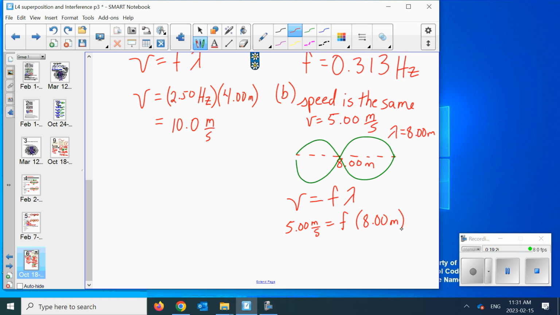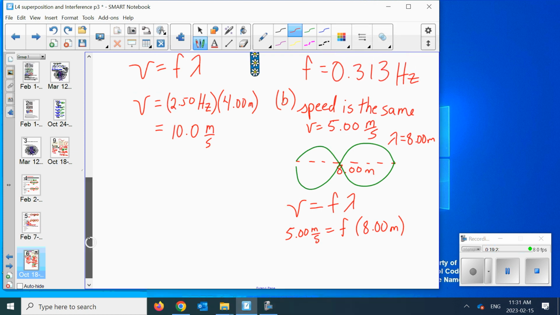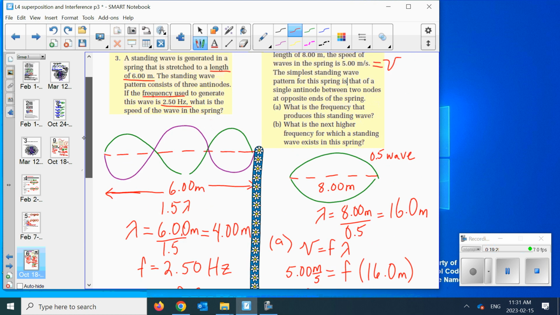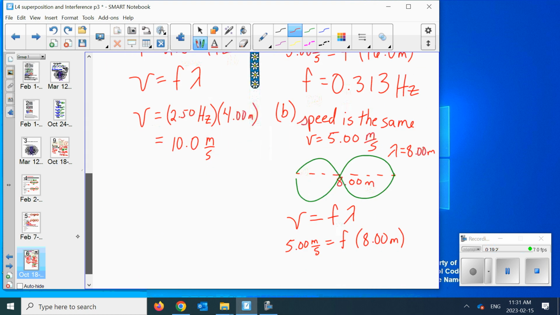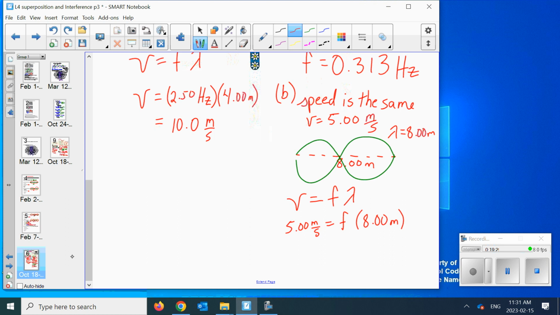That's going to be 5 divided by 8. This time instead of hertz, I'm just going to spice it up a little bit. Same thing. I don't care which one. Put hertz down if you like.